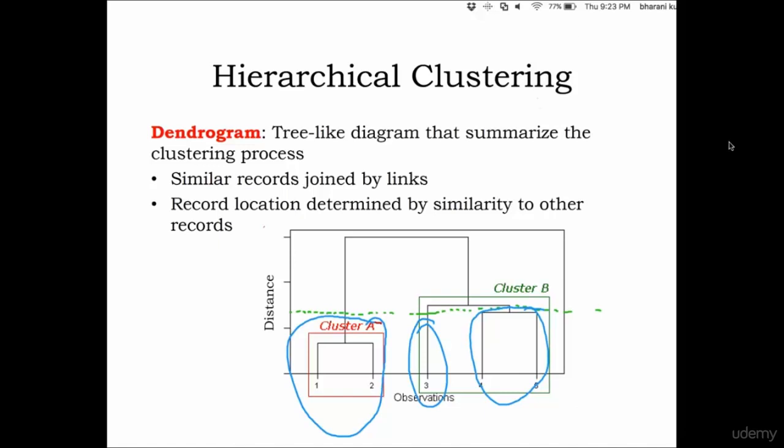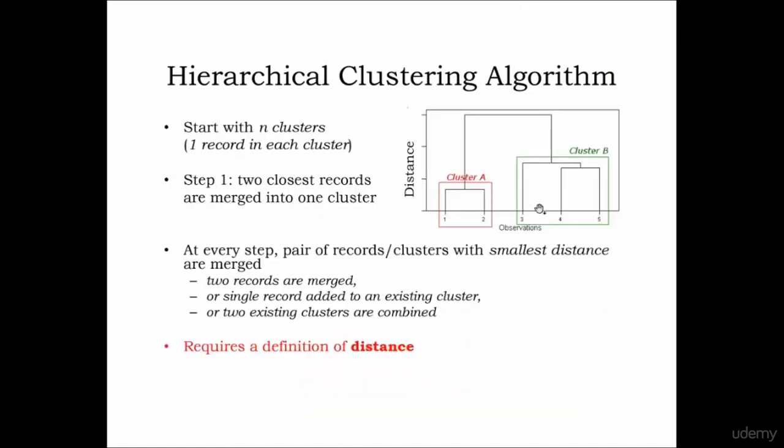All right, let me erase this first and proceed to the next step. So the first step is you try to find out the distance between each and every record: 1 to 2, 1 to 3, 1 to 4, 1 to 5. If 1 and 2 have the least distance, you cluster those two together.